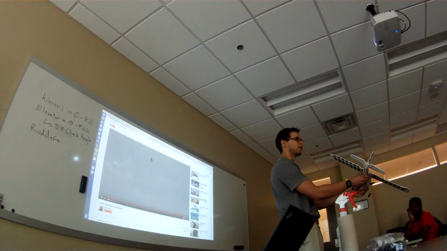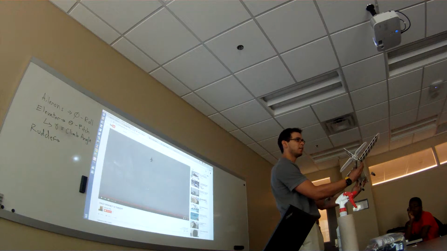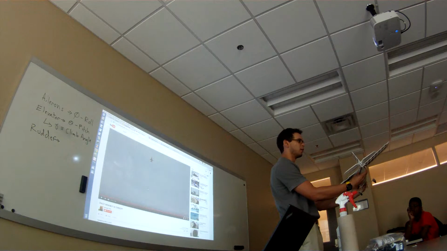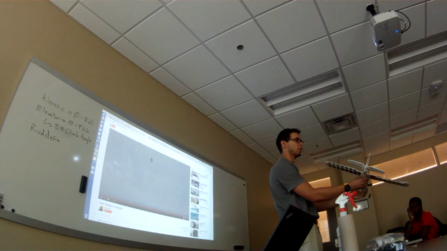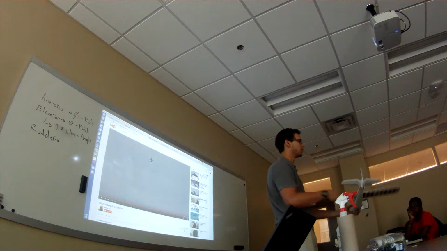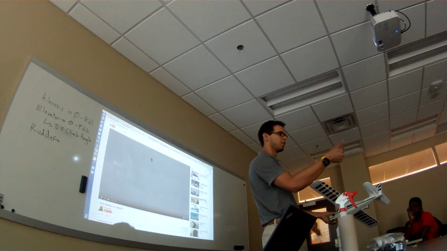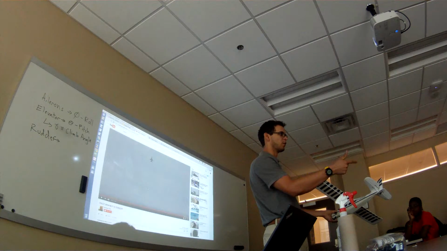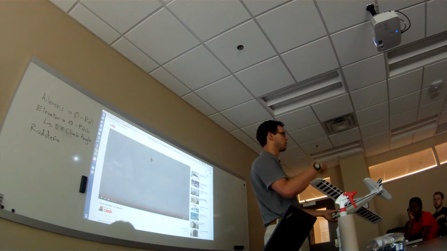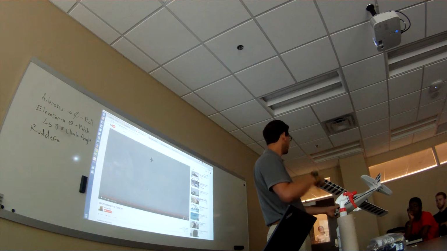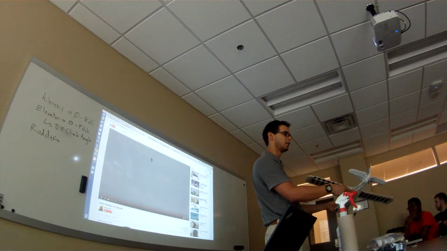And the other thing is, not only is it measuring bank angle, but it's also measuring rate. So if I move quickly, you can hear the servos actuate faster than if I just moved it a little bit. So this gyro is reading absolute phi and theta, your pitch and your roll angle, and it's also measuring your angular rate as well, and it's applying feedback control based on that.